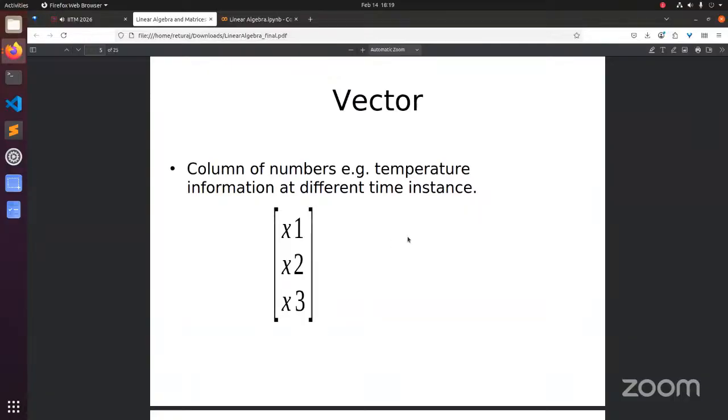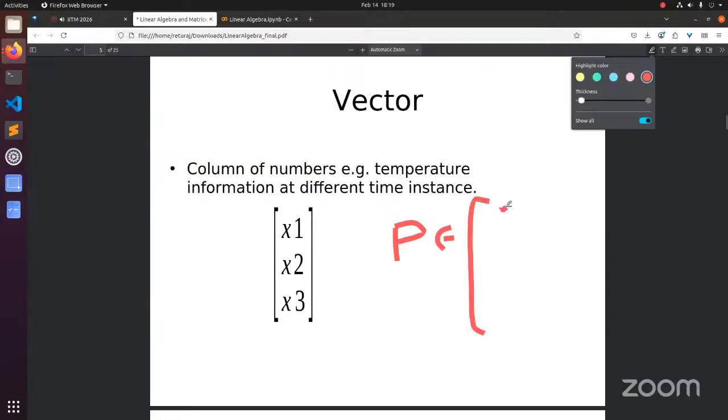For example, remember yesterday's class, we had a person P. This person was given by a vector with age, the dressing sense, clothes, and something else.